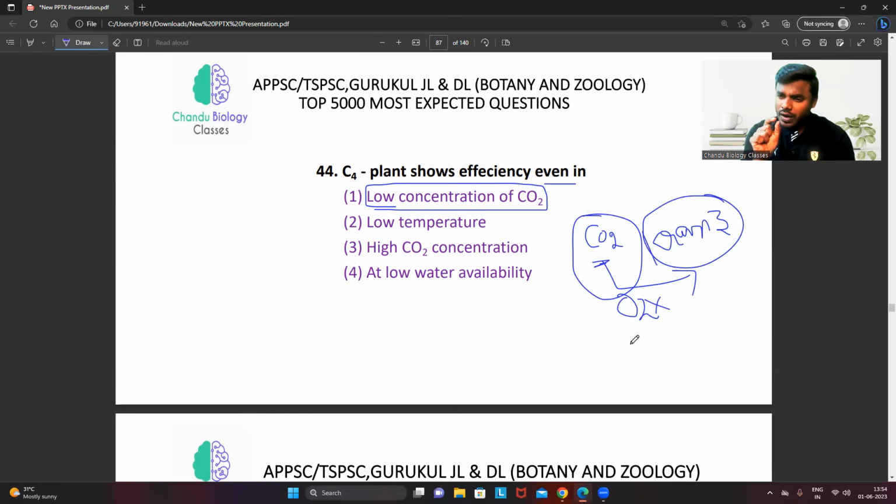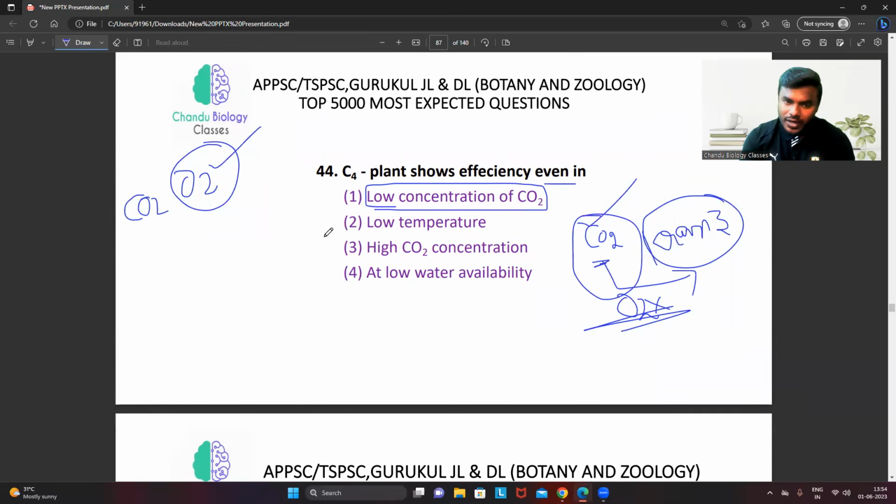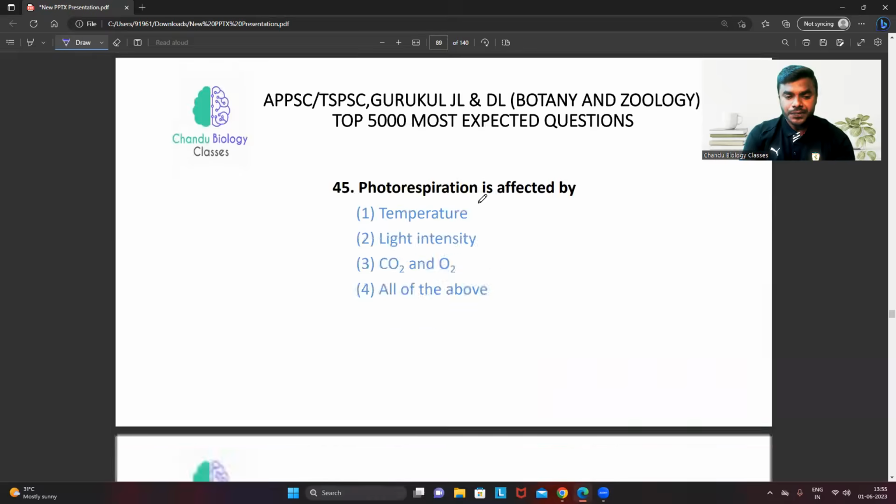So even though a small amount of carbon dioxide is present, C4 plants only fix the carbon. But what about the C3 plant? If the carbon dioxide is low, the C3 plant will fix the oxygen because Rubisco can fix the oxygen. PEP carboxylase never fixes the oxygen. So undoubtedly, friends, even though the concentration of carbon dioxide is very low, they will fix only the carbon, not to get confused. That's why C4 plants show higher photosynthetic efficiency when compared to C3 plants.